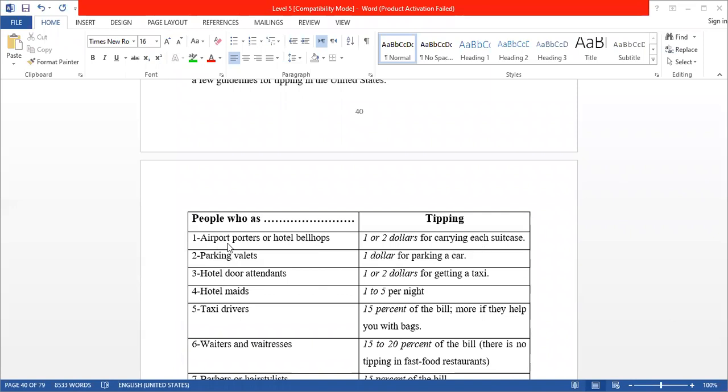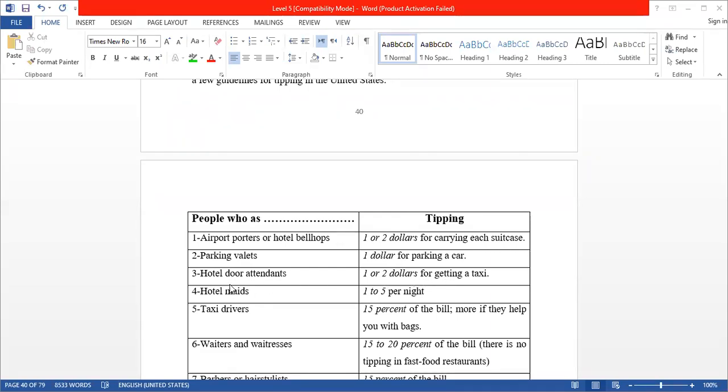Parking valets: $1 for parking a car. Hotel door attendants: $1 or $2 for getting a taxi.